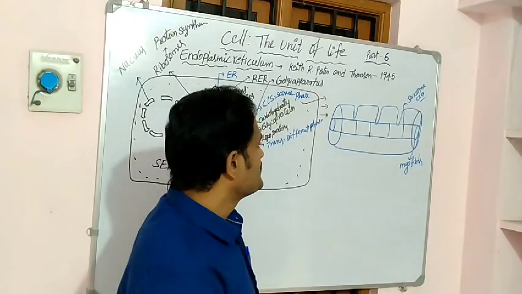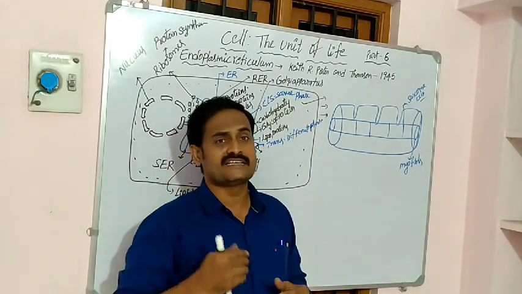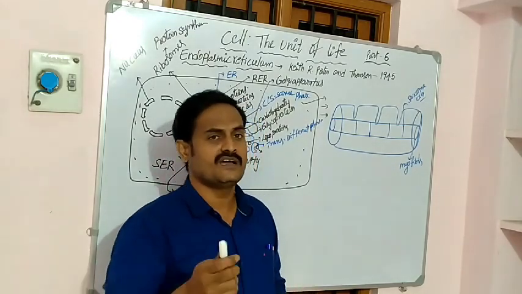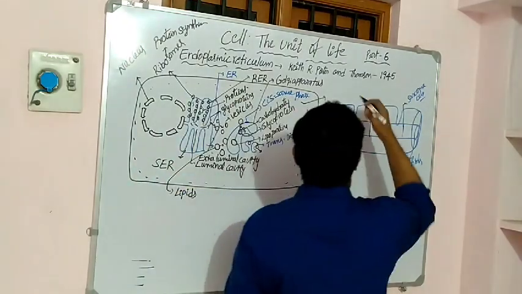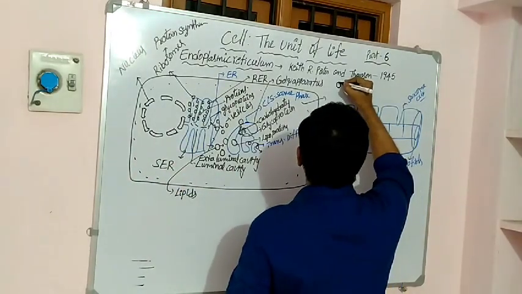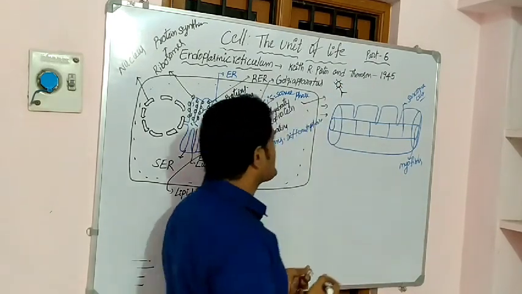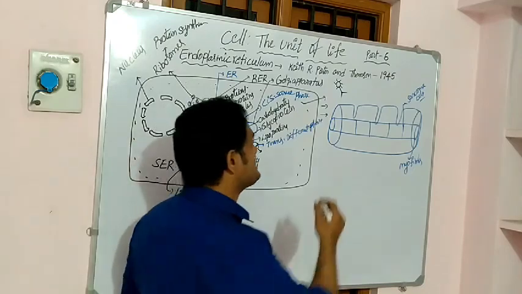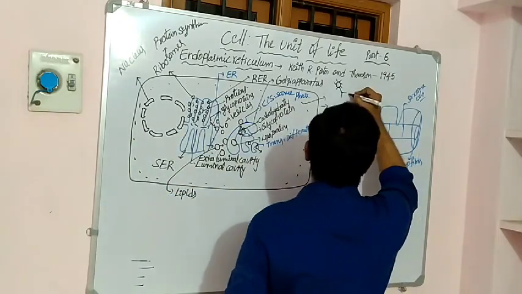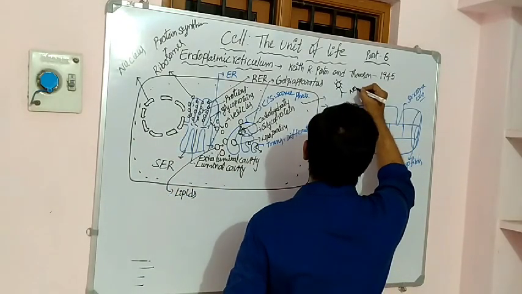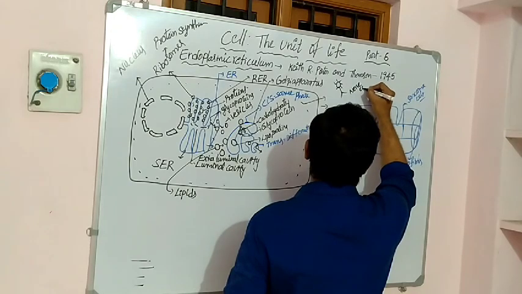Here the signal for muscle movement is given by the nerve cell. See here, suppose this is one nerve cell. So the nerve cell gives signals to the muscles.